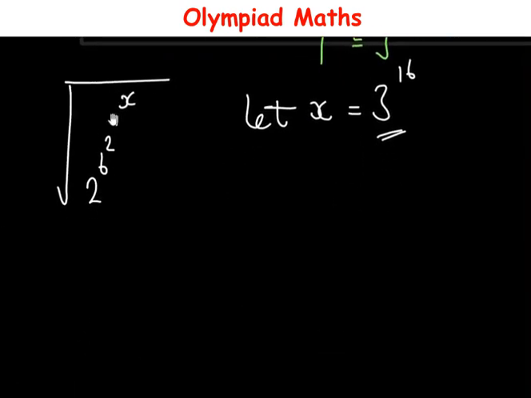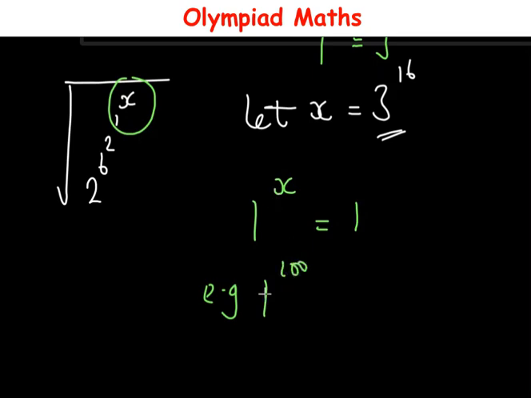From here, the next thing we are going to do is simplify the power 1 raised to power x. We have 1 raised to power x. So let's say x is a real number. 1 raised to power x, a real number, what you will get is equal to 1. Take for instance, if we let x become 100, 1 raised to power 100, the value is 1.